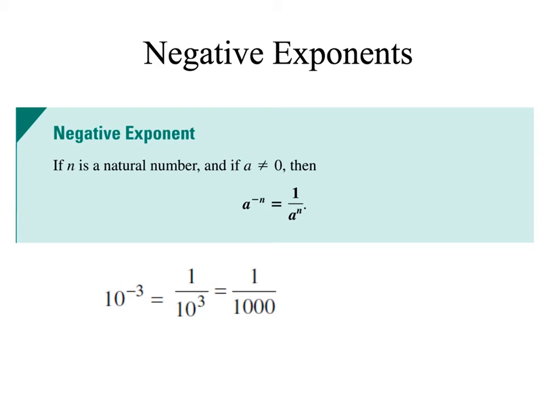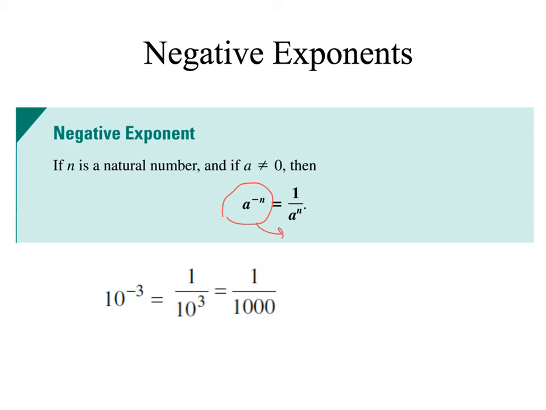Rules with negative exponents can sometimes be a little tricky for folks to understand, so we're going to work through this one together. A negative exponent, you can see here a to the negative n, can be made positive by putting it into a denominator. But let's think about the why behind this as well.